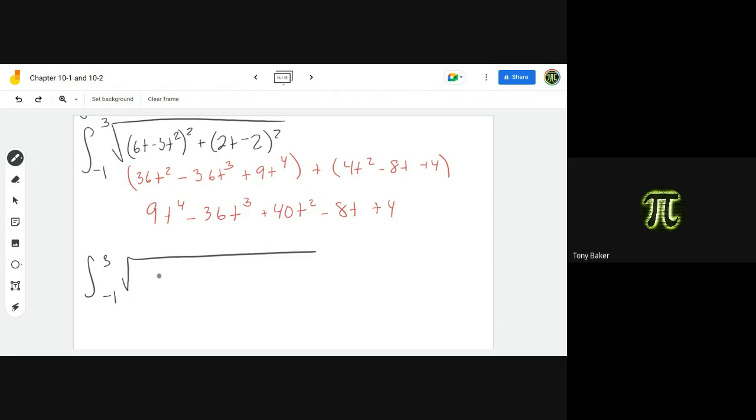So what do we do when we can't integrate it or can't do the square root of it? We use decimals. Now, me personally, since I got to that point and I know I can't factor it, if I'm plugging this into Desmos, I'm plugging that into Desmos. Why would I do that?